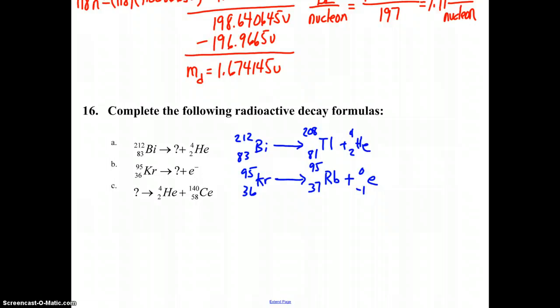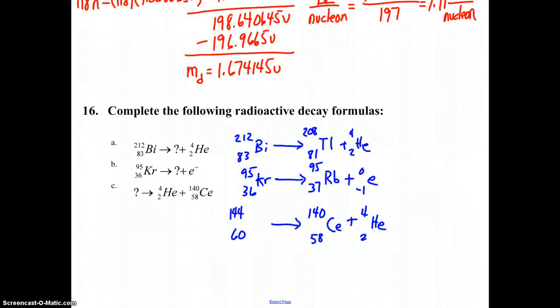Okay? And for C, we have some element that decays into cesium-140 plus an alpha particle. Doesn't matter the order that you write them in. So what was the original element? 58 plus 2 is 60, so our unknown element has an atomic number of 60 and a mass number of 140 plus 4, so 144.